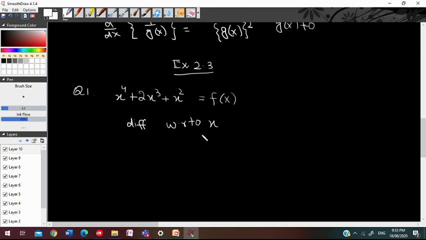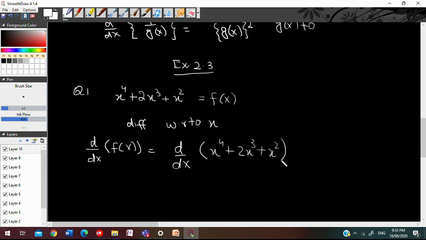So this is the function of x, and we have to calculate the change in this function with respect to x. So how we write this, that we are calculating the change of f of x with respect to x. This is like d by dx of this f of x, means d by dx of x power 4 plus 2x cube plus x square.